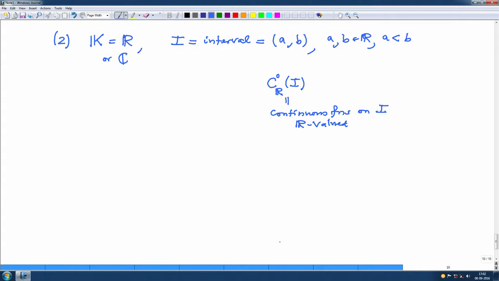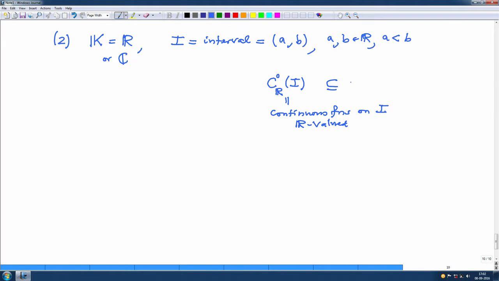Alright. So we have seen that this is a vector space. This is just because, when you learn continuity, one learns that if you have two continuous functions, then the sum, which is pointwise sum, which is also component wise sum, is again a continuous function. And a scalar multiple of a continuous function is again a continuous function. All this one learns in a first course in analysis.